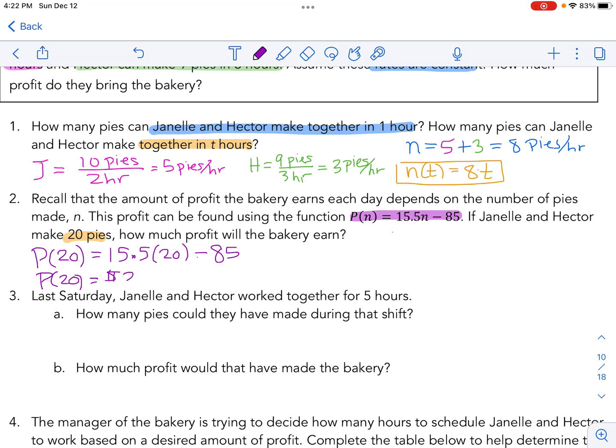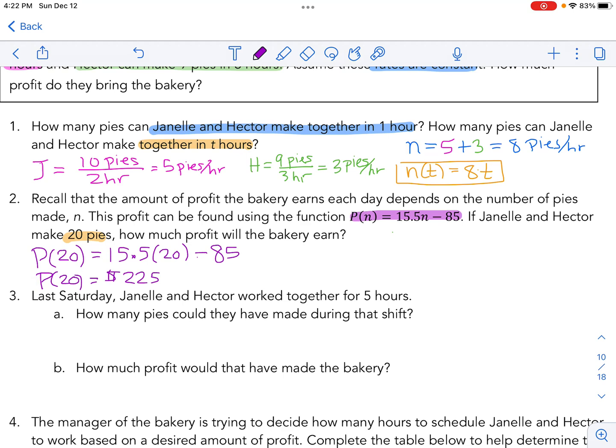If we do 15.5 times 20 minus 85, we get $225 of profit. So we know the profit they can make with 20 pies.